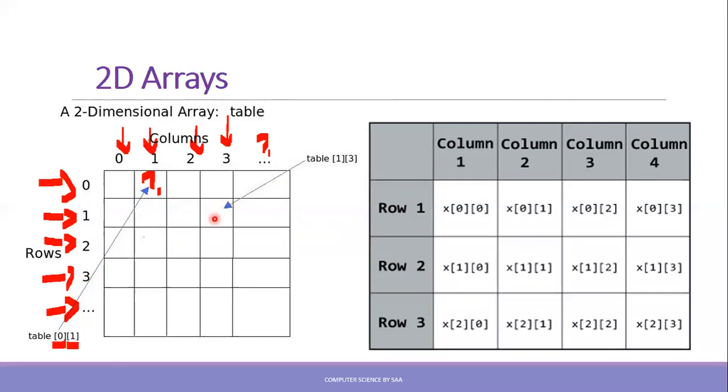Now what is this location? First of all, you have to mention the row number, that is 1, and then the column number, that is 3. So this location is 1 and 3.